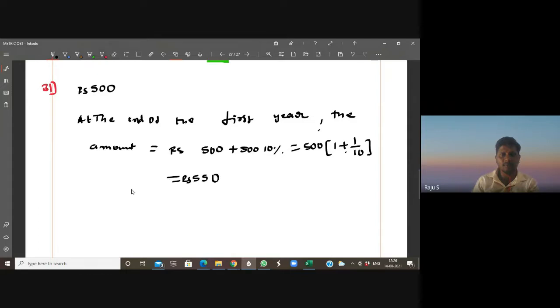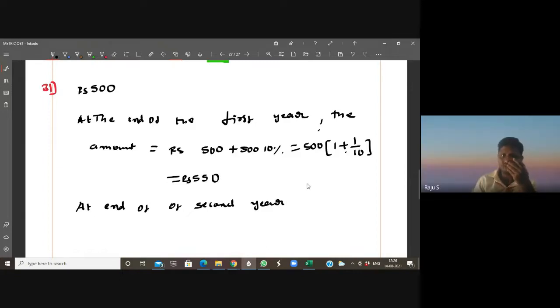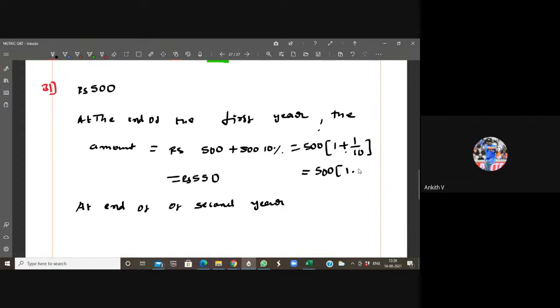End of the second year, 550 plus 550 into 10 by 100. Generally, it can be written as 500 into 1 plus 1 by 10, whole square, for the second year.